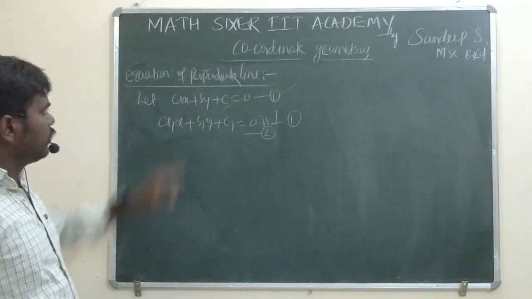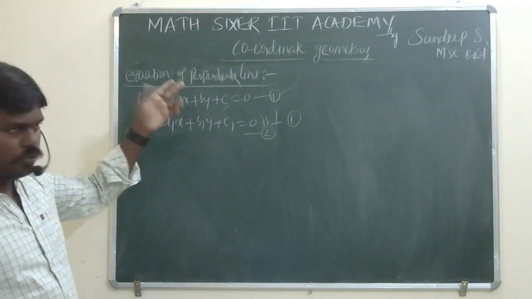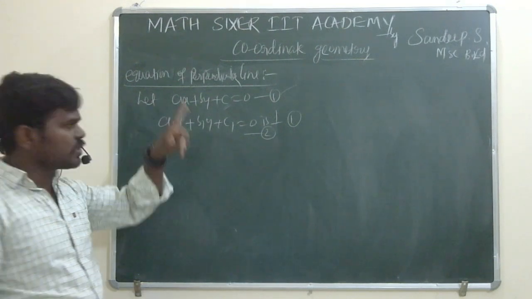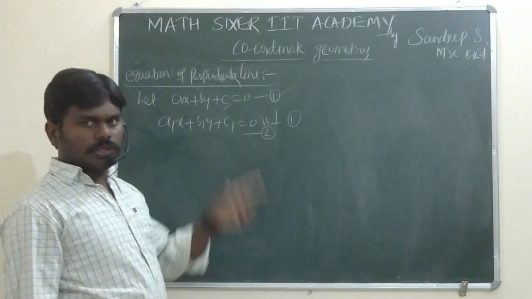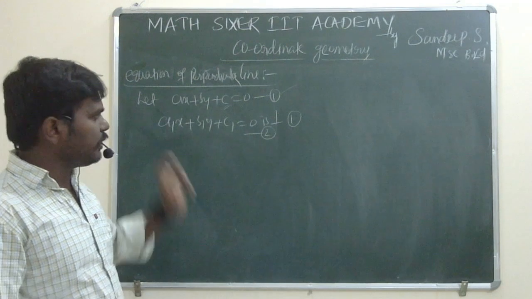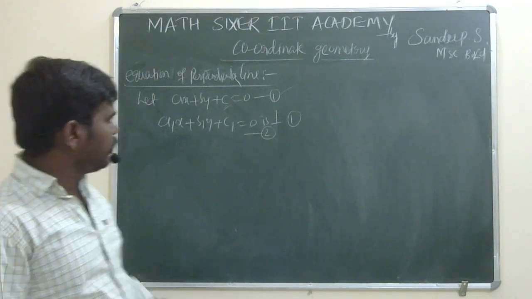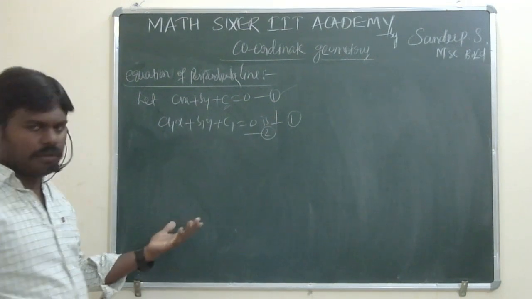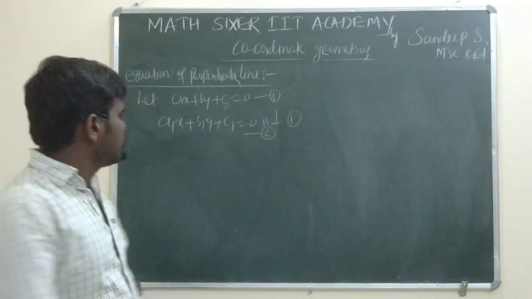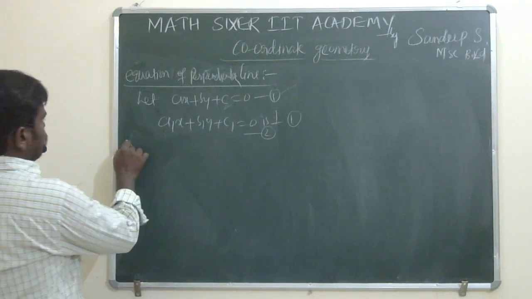Okay, this is a straight line and now we have to find a perpendicular line which is perpendicular to this equation. But we are assuming that this is the perpendicular line. Okay, so now we will derive this and after that we will get the equation. Okay, so now we will see the proof of it.